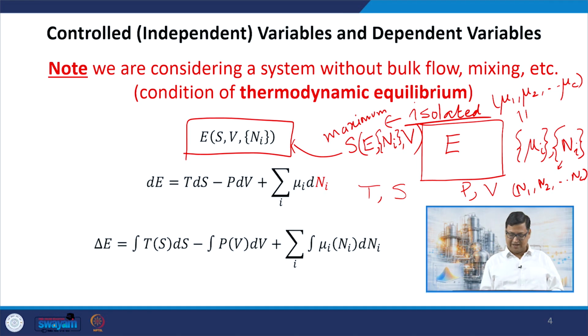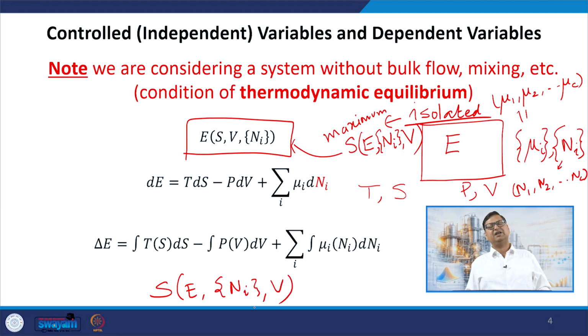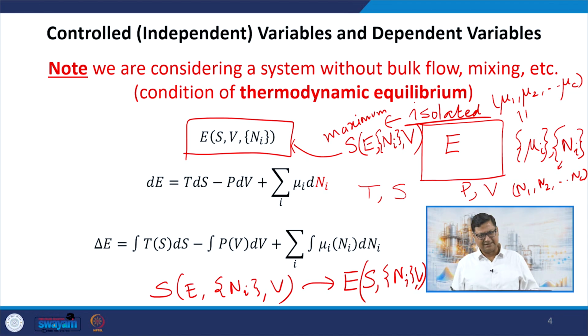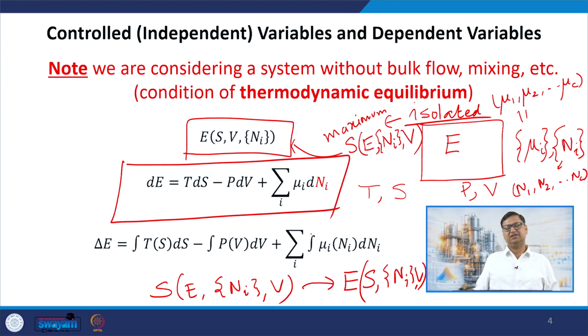So if we have any relation, any kind of function for this quantity, by suitable arithmetic manipulation, I can convert it to energy as a function of entropy, number of molecules, and the volume, right? And if I now do that, and I recall whatever argument I made just now, three kinds of energy, thermal, mechanical, and chemical, I will go back and use this thing, dE is equal to TdS minus PdV plus summation of mu_i dn_i, right?